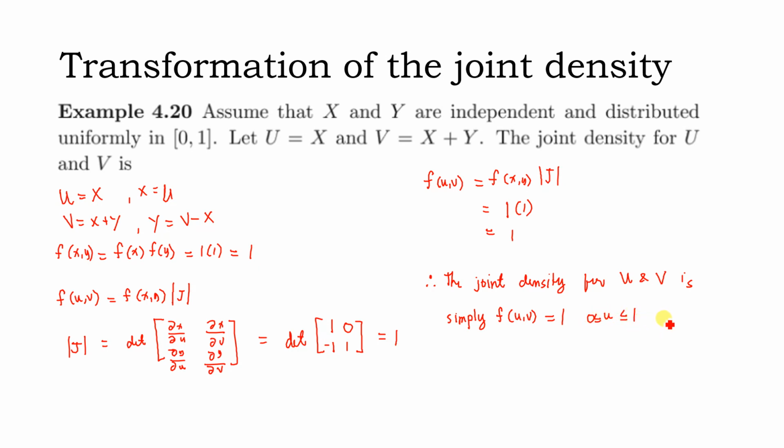And since you have x plus y, v should be greater than or equal to 0 but less than or equal to 2. So that's how we are going to solve for the transformation of joint density. Thank you very much.